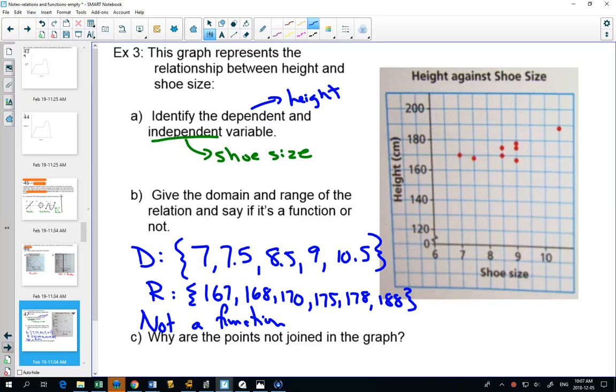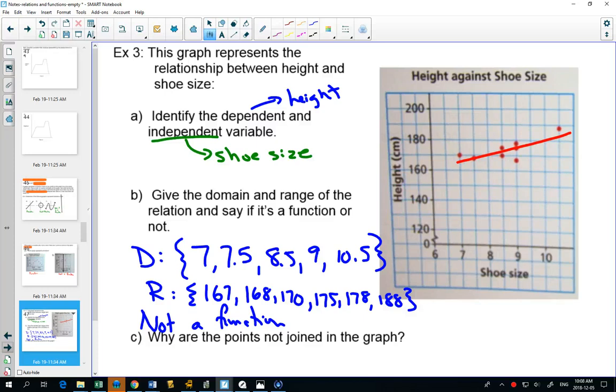Why are the points not joined? Why don't I make this the graph? Why doesn't that make sense to do? Or would it make sense if I did this just as an estimate? What are some of the characteristics of the situation we're thinking about that it doesn't make sense to draw a line?